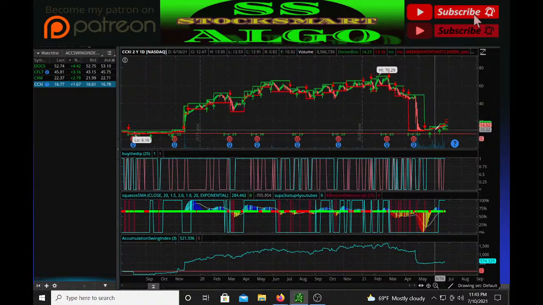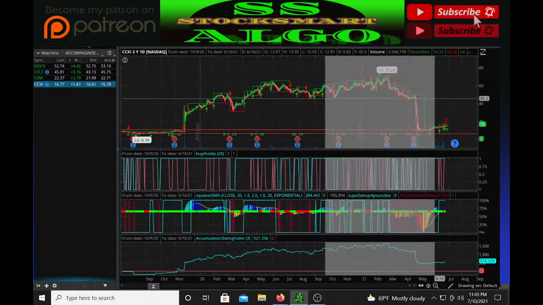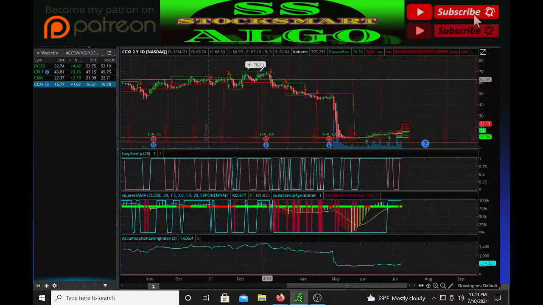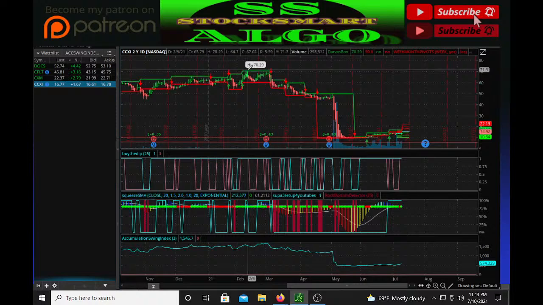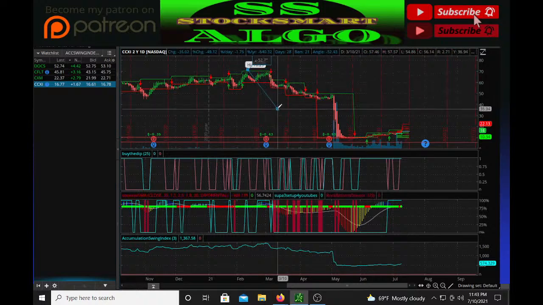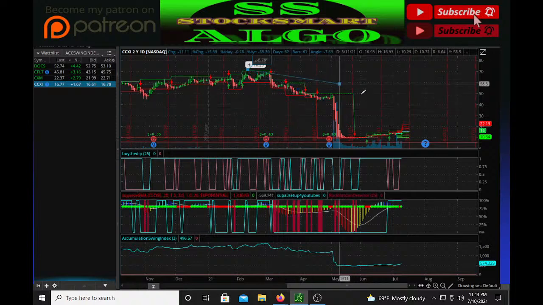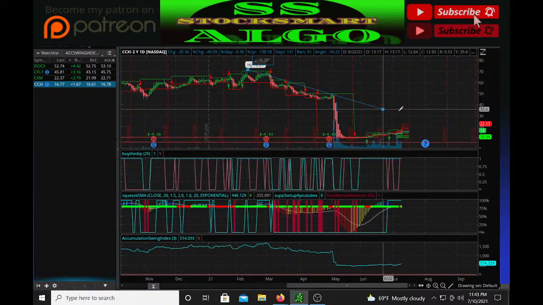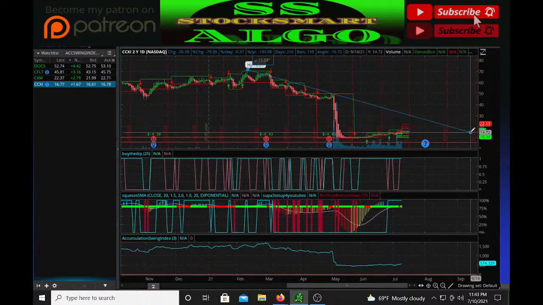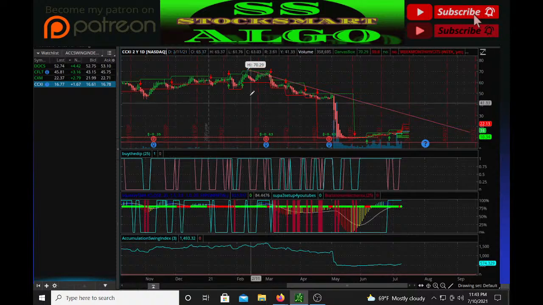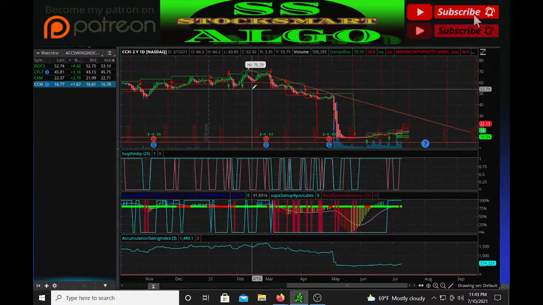And it looks like there's a line right there. And from our high here, that looks like a pretty valid line through there.